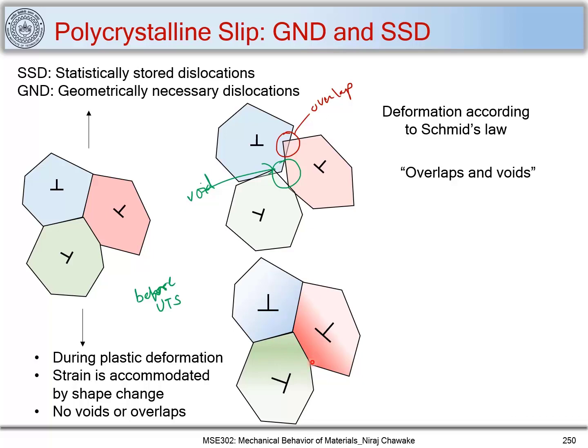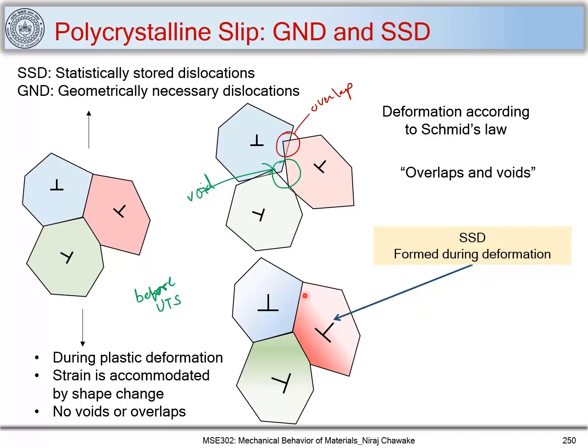So you have deformation without having any voids or overlaps. So these kind of dislocations which cause a slip in a grain, or they form during the deformation, are called statistically stored dislocations, and they form during deformation. So these are statistically stored dislocations.